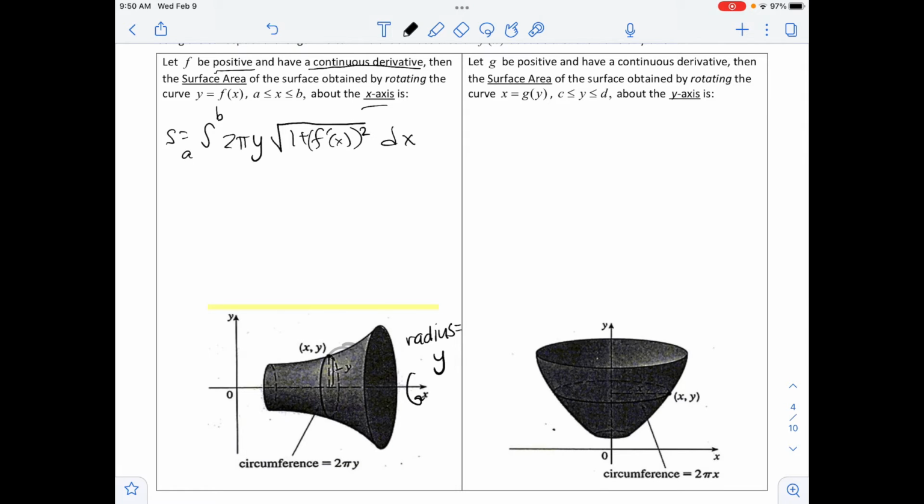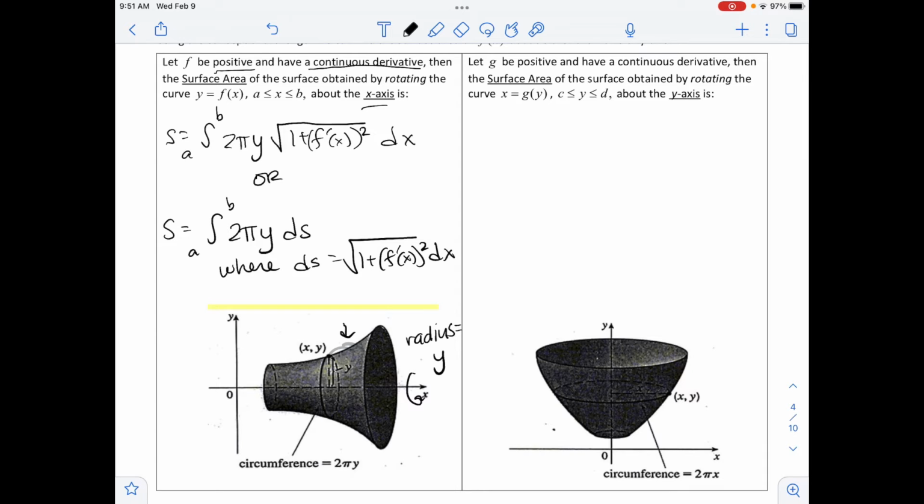So another way to think about it is that S is equal to the integral from a to b of 2 pi r, or in this case r is y, so our radius again is y, times ds, where ds is equal to that length of that curve, so the square root of 1 plus the derivative squared dx.